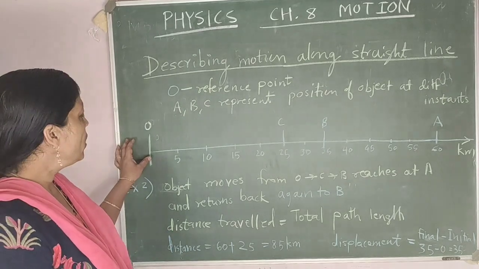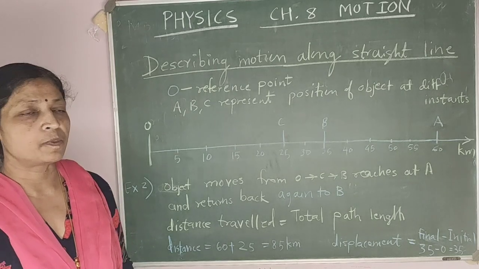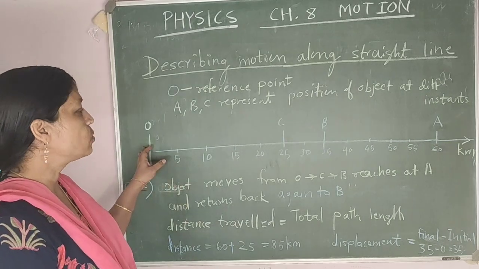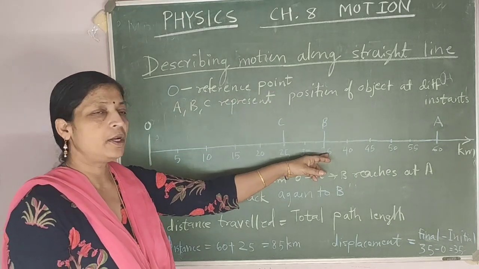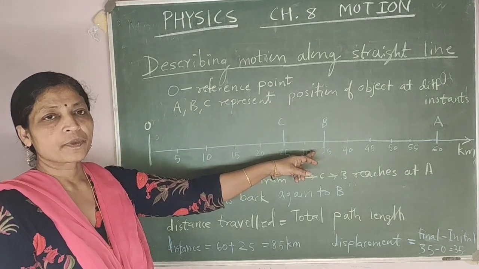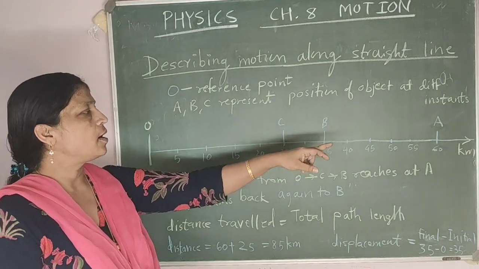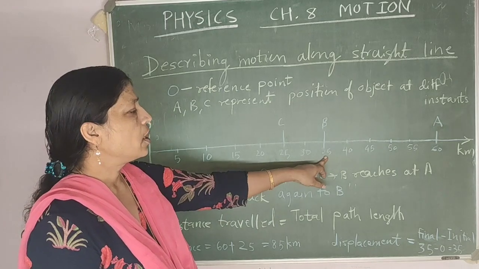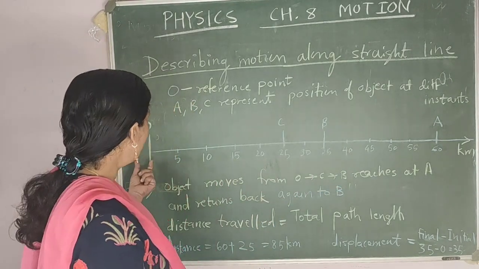Now we want to find out the displacement when the object is going from O to A and returning back to B. Its final position is B. And what is its initial position?